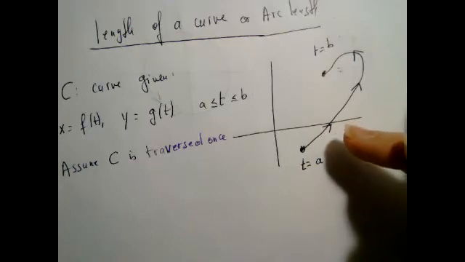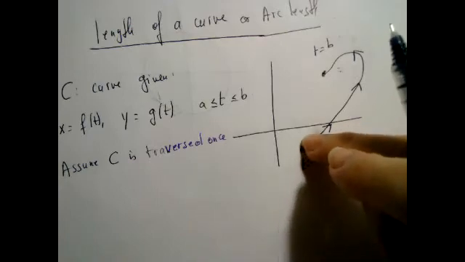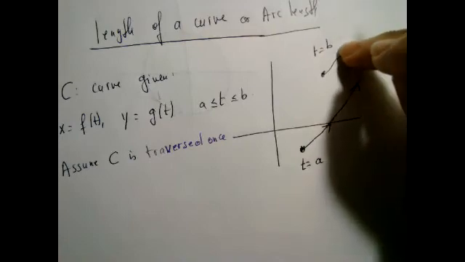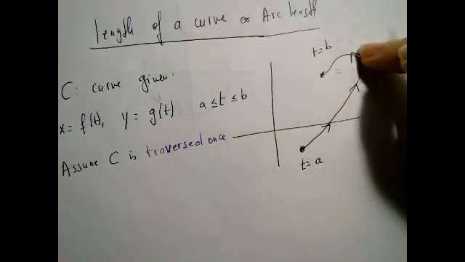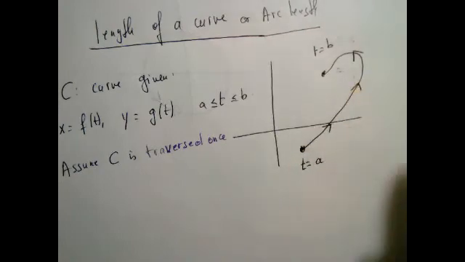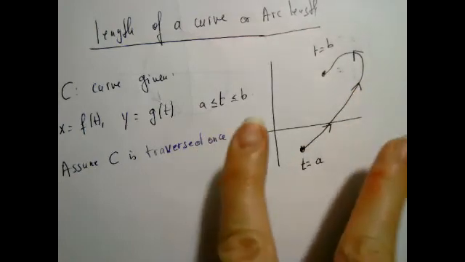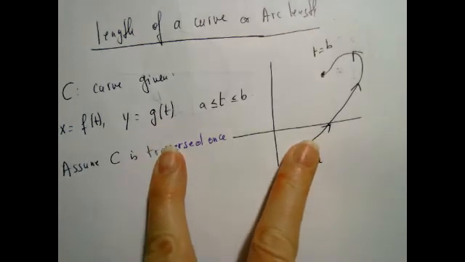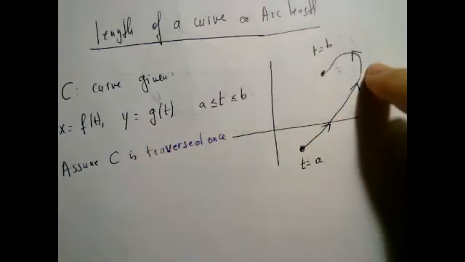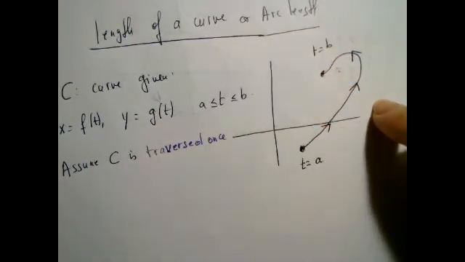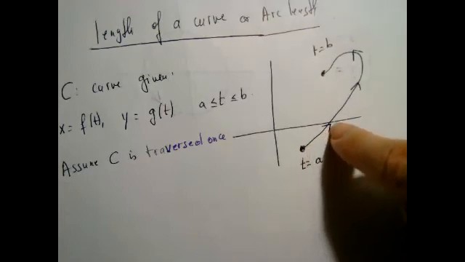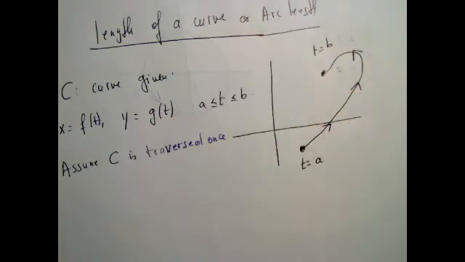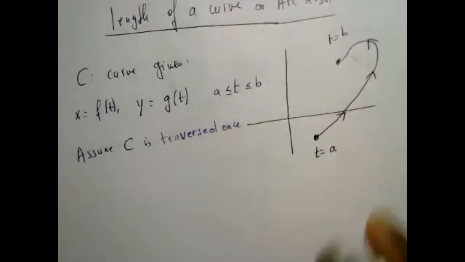Not the x-axis. Okay. As you move around it, you move around it only once. You don't go twice around it. Oh, okay. So traversed once means, like yesterday when we took the parameter for the circle t between 0 and 4 pi, the effect will be we go around it 2 times. That's not what I want. I'm assuming that we go around it only once. We don't go around more than once. Then the length of the curve is given by.